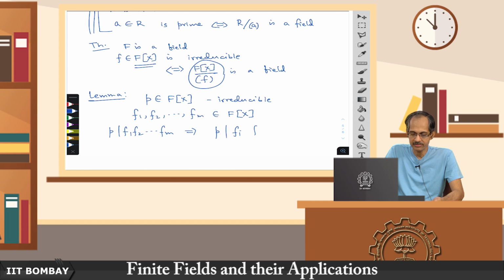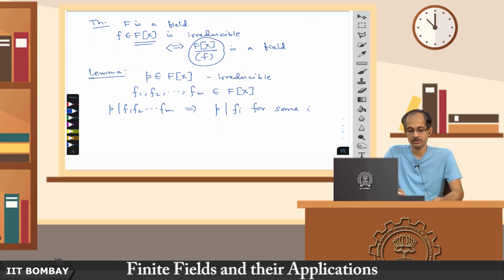P divides fi for some i. This is the result. We know this result for integers. Now, this result also holds for polynomials, and this is what we will show now.